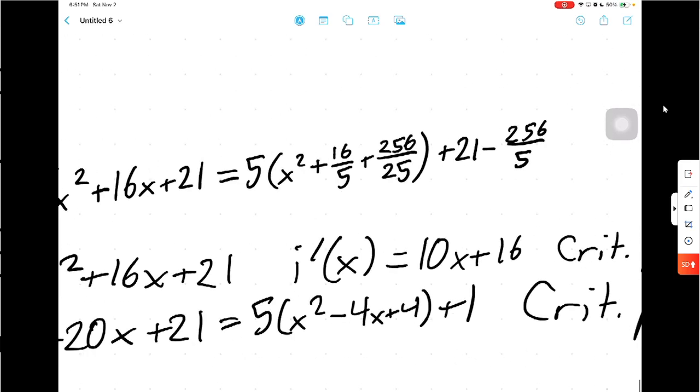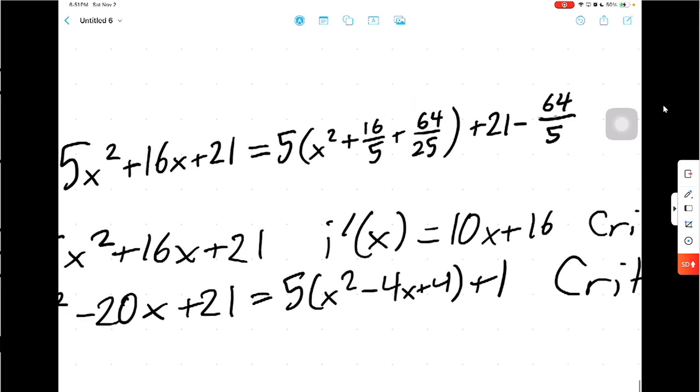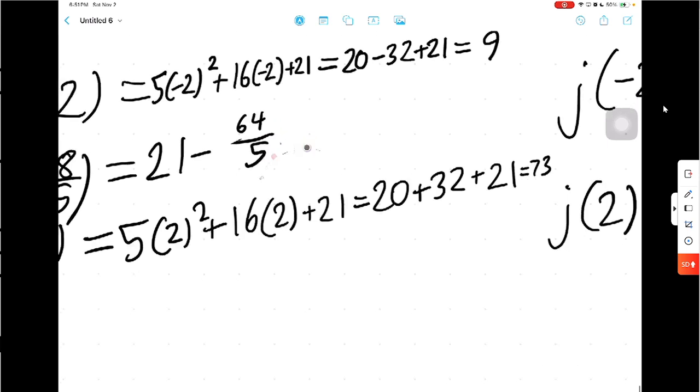Oh, no, that's because this isn't right. This should be 8 over 5 squared, so 64 over 25, and 64 over 5. That's better. And this doesn't matter, because that's only about 13-ish, a little bit under 13, so I don't have to calculate that one at all.